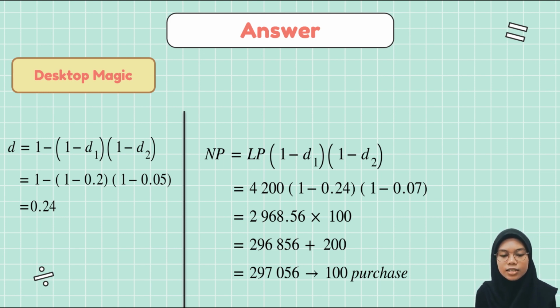And then we get 2,968.56 times 100, which is 100 purchases, and then we get 296,856 plus 200, which is transportation cost, and the final answer we get is 297,056.